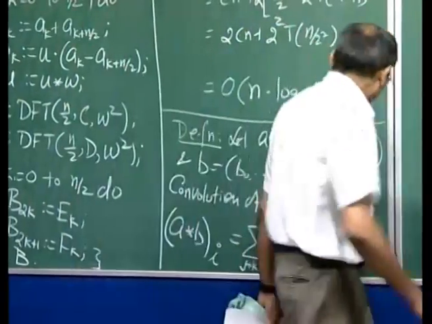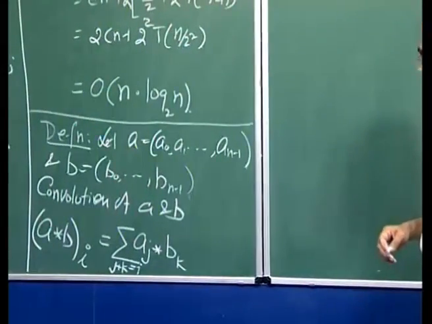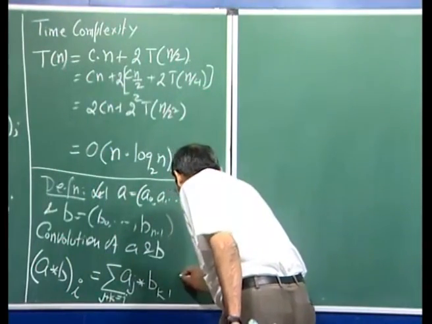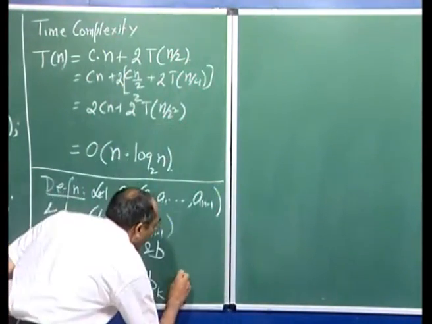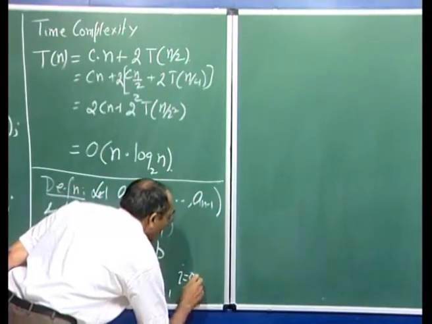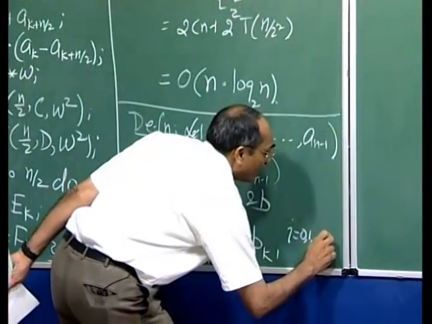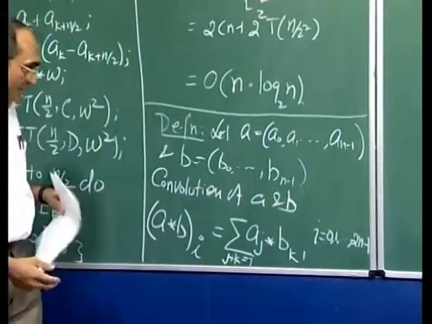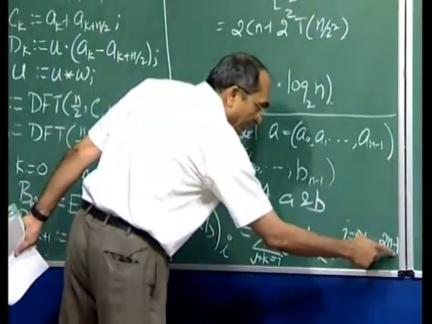So, let us now expand this and see what exactly we are getting. So, notice that here my I is 0, 1 all the way to 2n minus 1, although you will notice that it will never have any case of 2n minus 1.